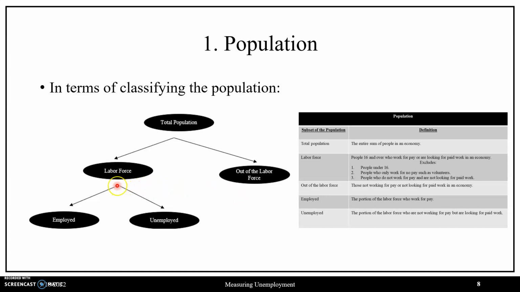From which, in terms of these labor resources, we can classify if they are active or idle. Active being in that they are currently producing goods and services, contributing to total output, or idle in that they currently are not producing goods and services to contribute to total output, where active labor resources will be employed, whereas idle labor resources will be unemployed.